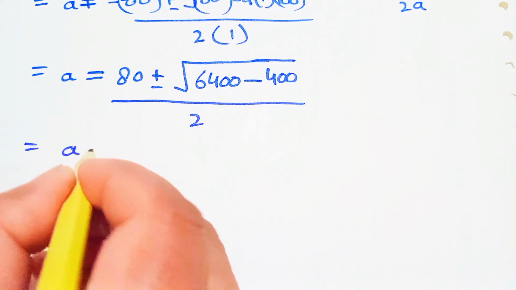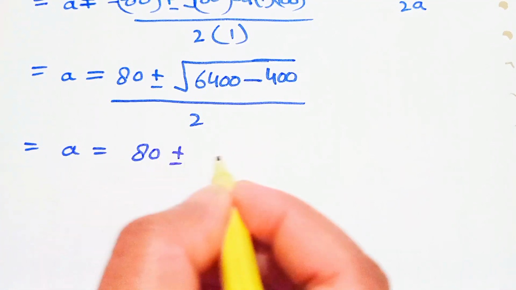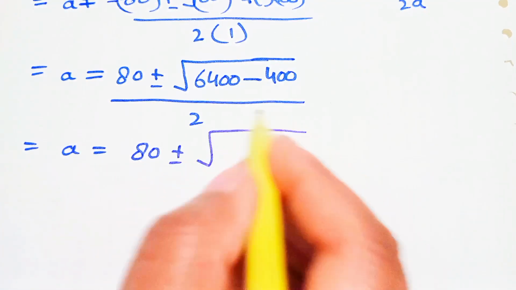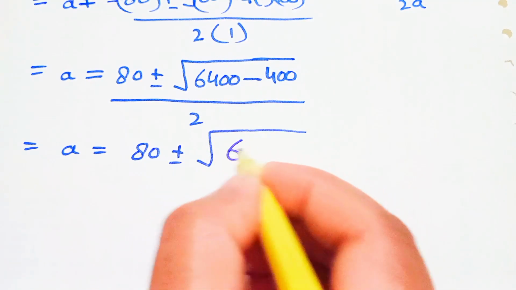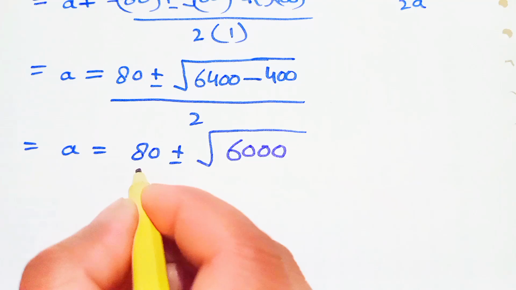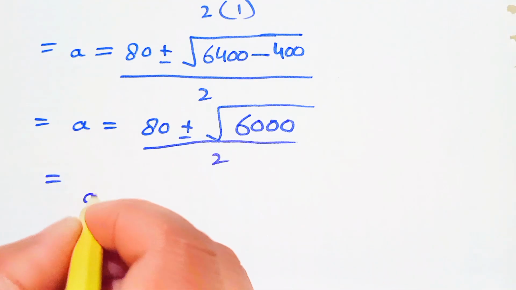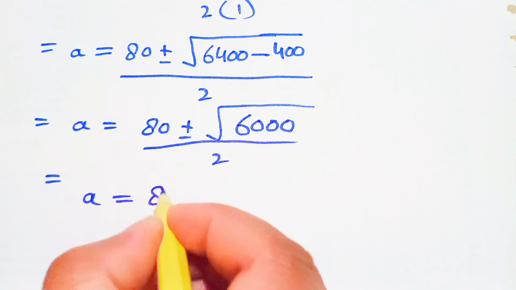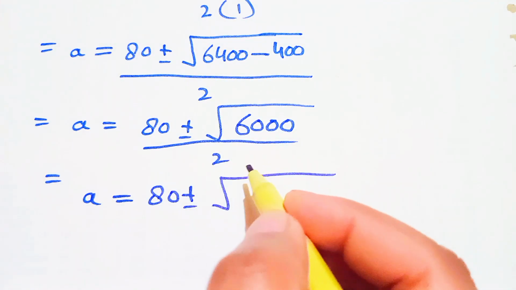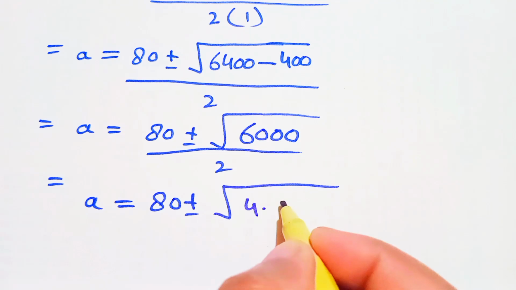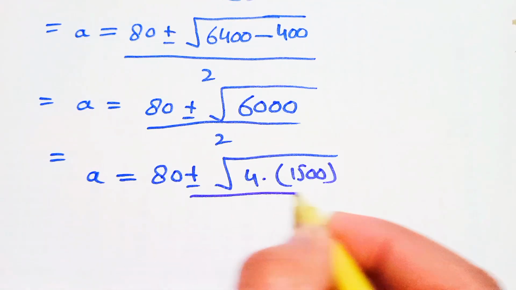So a is equal to 80 plus or minus square root of 6400 minus 400, which is 6000, then over 2. And here 6000 can be written as 4 times 1500, then over 2.